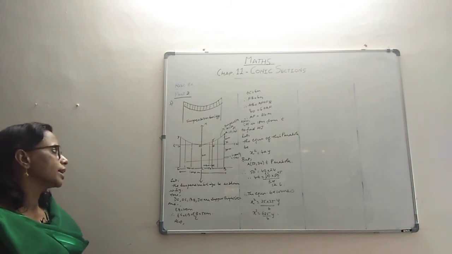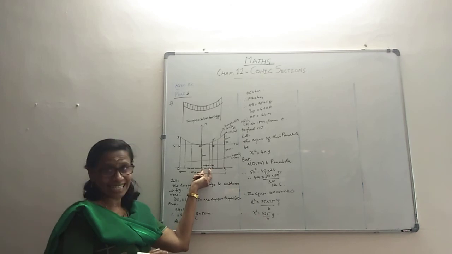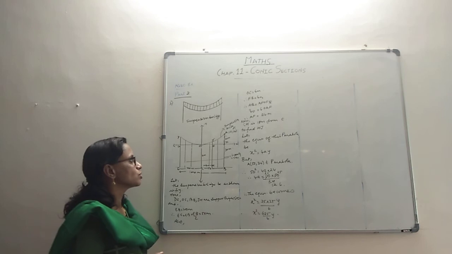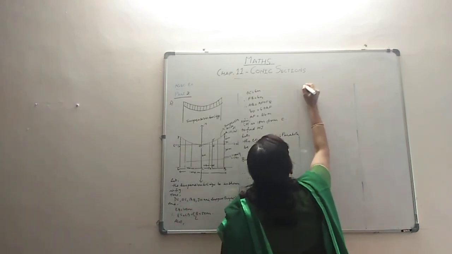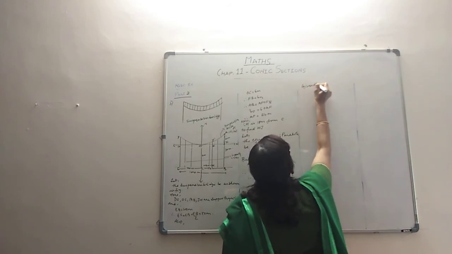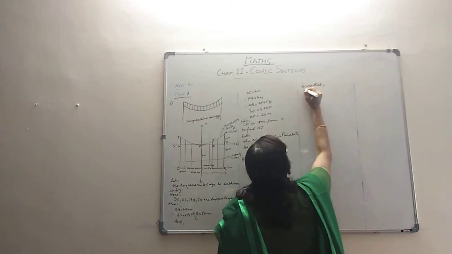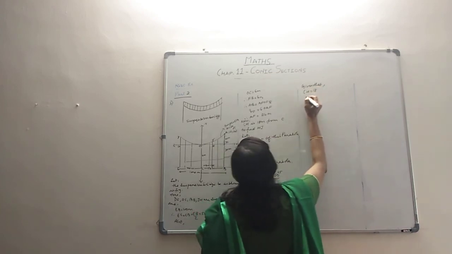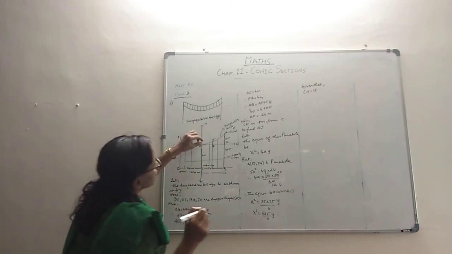Now they tell us that if the x coordinate is 18, then what is the y coordinate? That is the question. Given that CH is 18, first we have to find IJ.